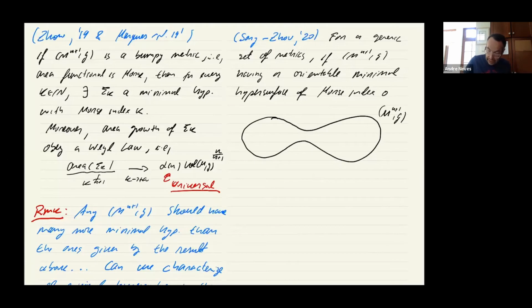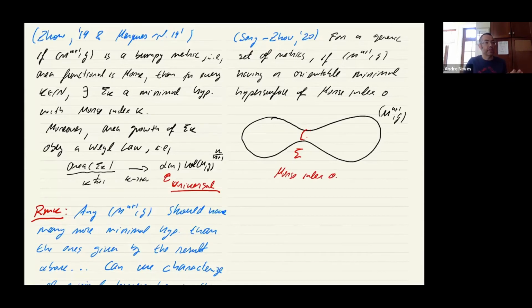And let's call this Morse index 0 minimal hypersurface this one. Morse index 0 means that it's a local minimum for the area functional. So indeed, if we perturb this red minimal surface there, at least judging from the picture, we can imagine that the area will only go up.